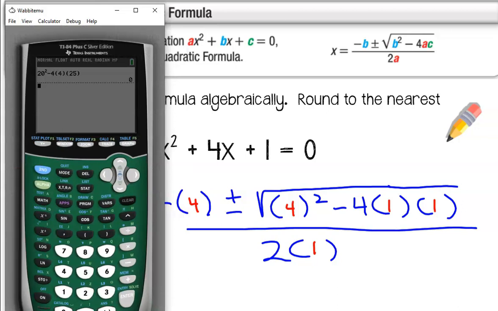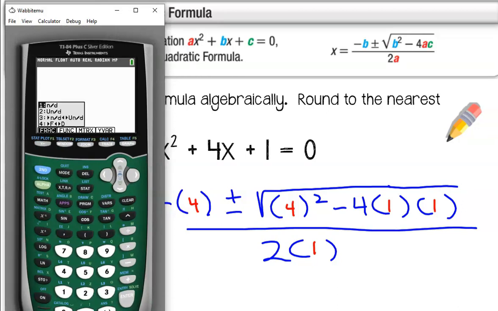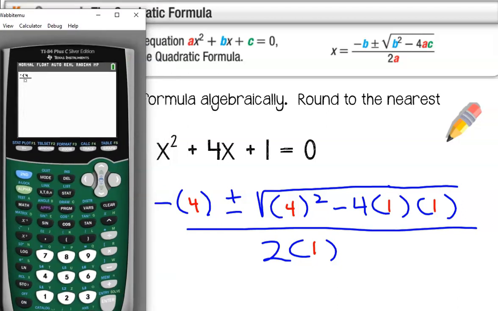I clear it out. I type the fraction button here, alpha y equals, and then I type minus, exactly what I see, minus parentheses 4, right? Let me show you there, minus parentheses 4. Then I'm going to choose a plus sign.